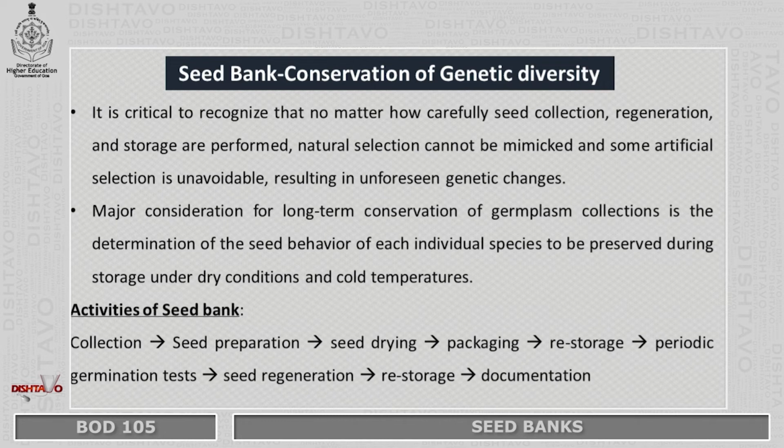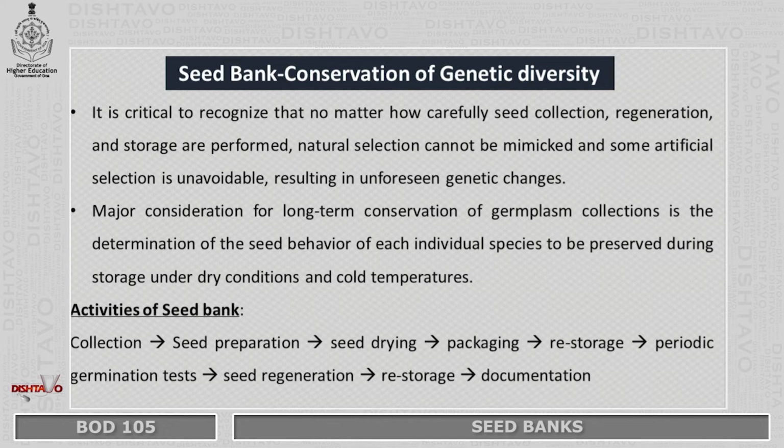It is critical to recognize that no matter how carefully the seed collection, regeneration and storage was performed, natural selection cannot be imitated or mimicked, and sometimes artificial selection is unavoidable, which results in unforeseen genetic changes. Thus, the major consideration for long term conservation of germplasm collections is the determination of the seed behavior of each individual species to be preserved during storage under dry and cold temperatures.